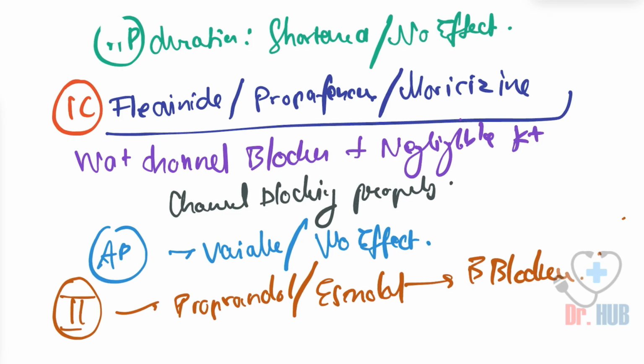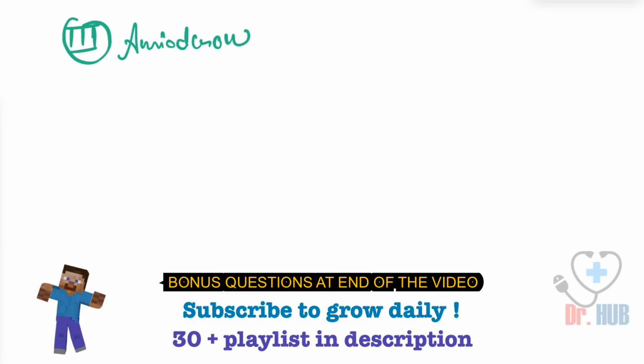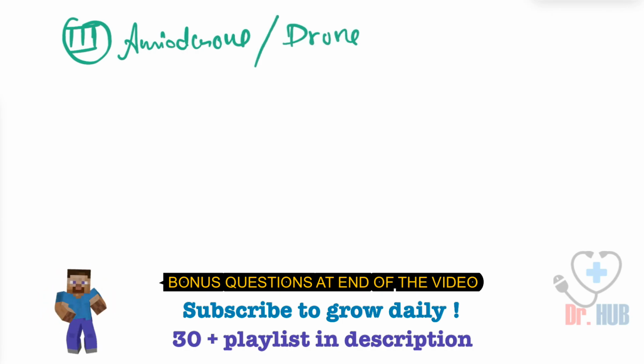Then we jump on to class 3. So what does this class 3 include? Class 3 includes amiodarone, then there is also dronedarone.